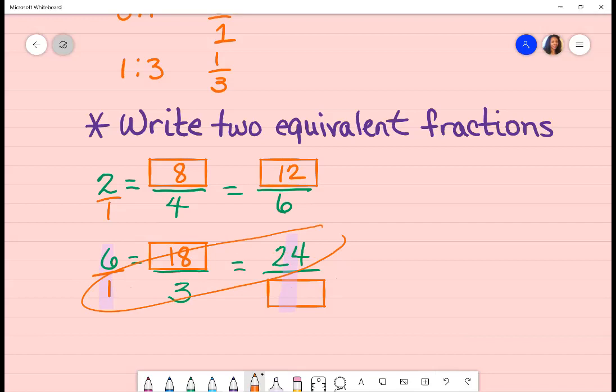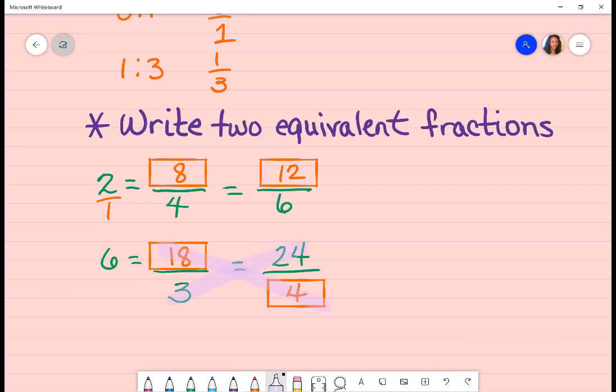Okay, so 1 times 24 is 24. 6 times what is 24? And that's one way that you can figure it out. And that will be 4. And if you just really, really wanted to double check it, you can just do your math here. You can say 18 times 4 is going to be 72. And does 24 times 3 also equal 72?